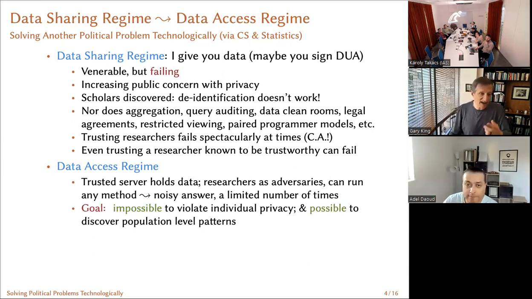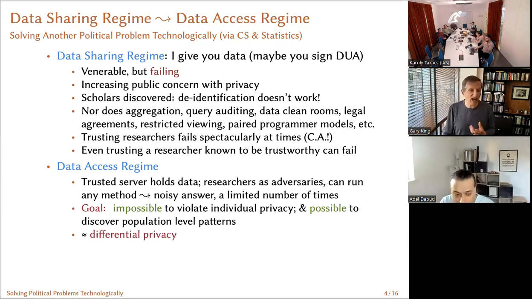Can we do that? Differential privacy actually solves that problem. It makes it impossible to violate individual privacy, but possible to discover the things that we care about. Because we're social scientists, right? We don't care about anybody. We only care about everybody. We care about the patterns, not about discovering individuals.